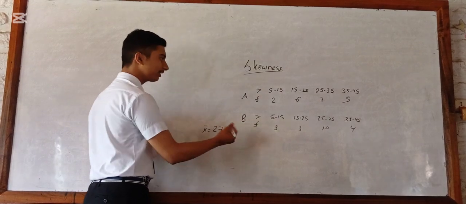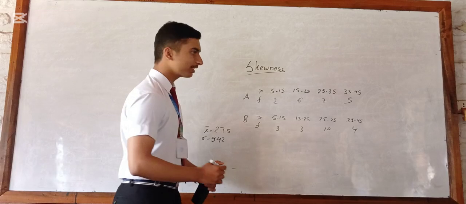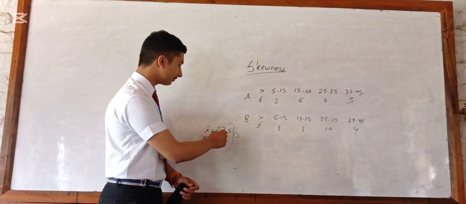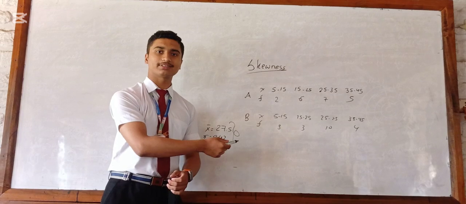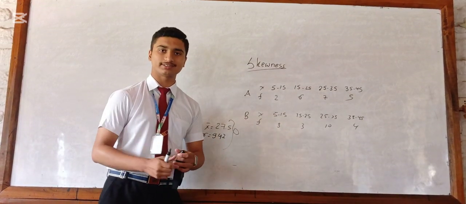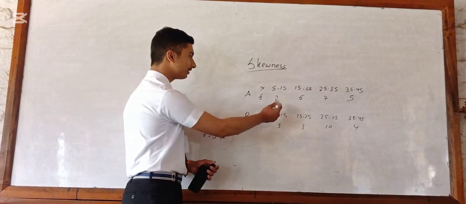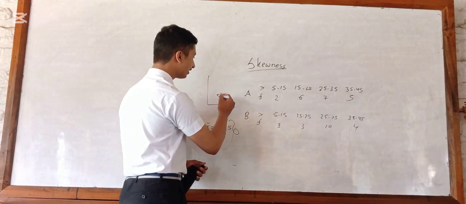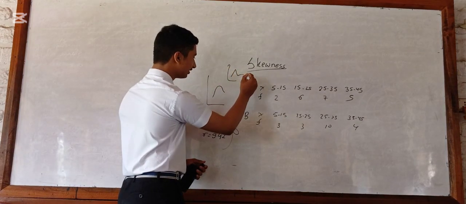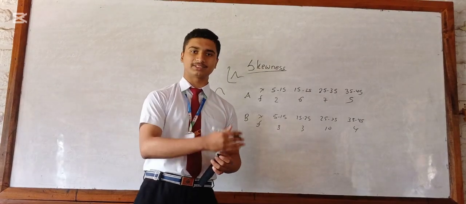And if we take the standard deviation, it will be the same, which is 9.42. So we cannot distinguish their characteristics. So here comes skewness. If we plot the graph of these two distributions, one becomes something like this, and another becomes something like this. So we can see the variation of the distribution from skewness.